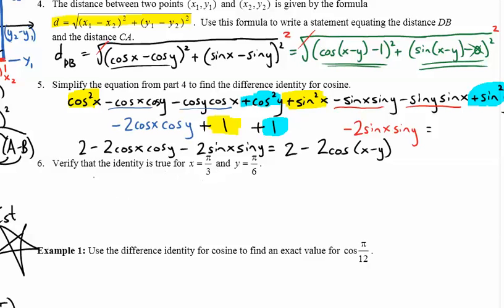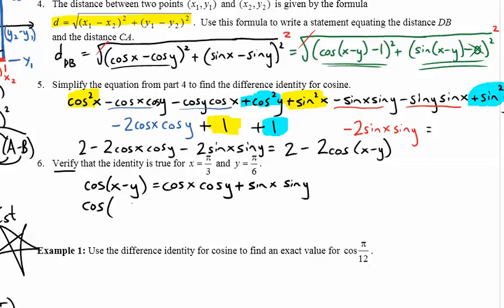So we want to verify that the identity is true. I'll write down the identity again: the cosine of the difference of 2 angles is the cosine of the first angle times the cosine of the second, plus sine of the first angle times sine of the second. So let's check that for pi over 3 and pi over 6.